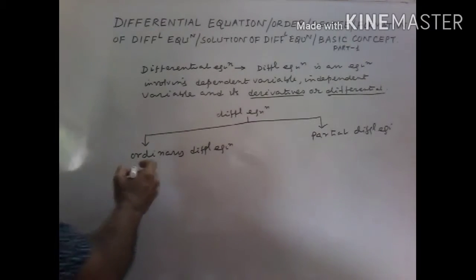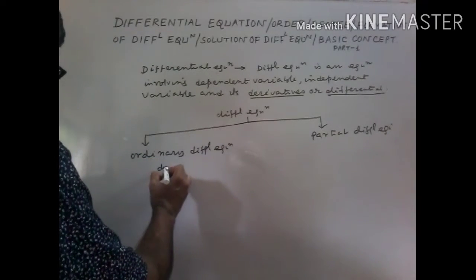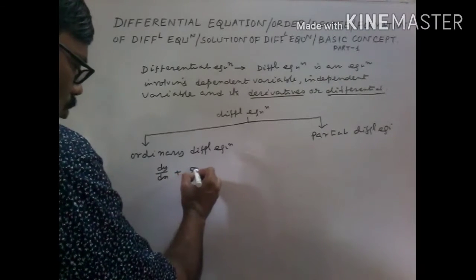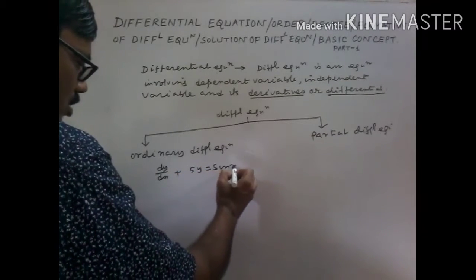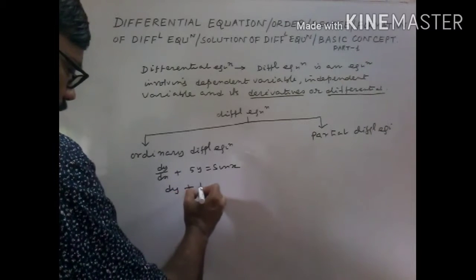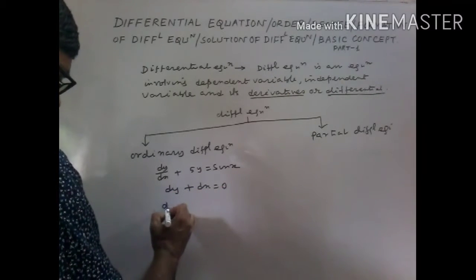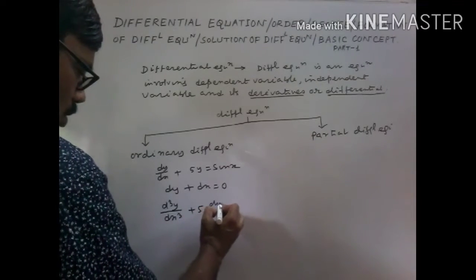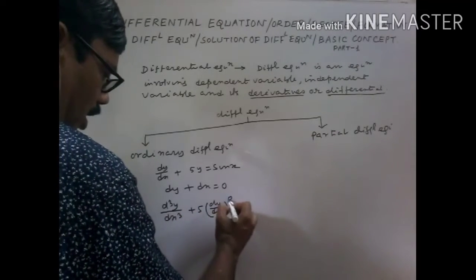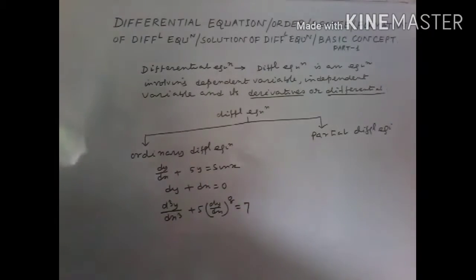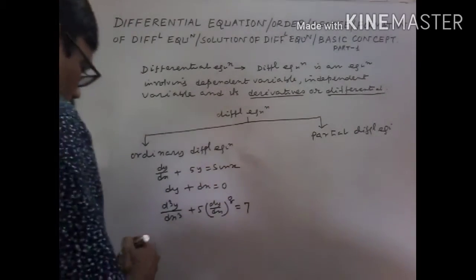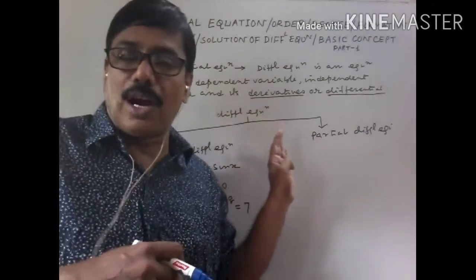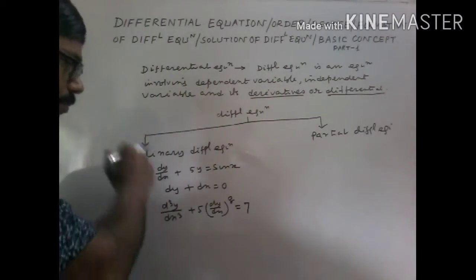We have already discussed examples: dy by dx plus 5y equals sin x, dy plus dx equals 0, d3y dx3 plus 5 (dy dx) whole to the power 8 equals 7. Here the dependent variable y is a function of a single variable.